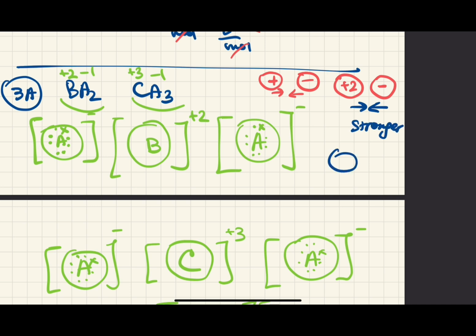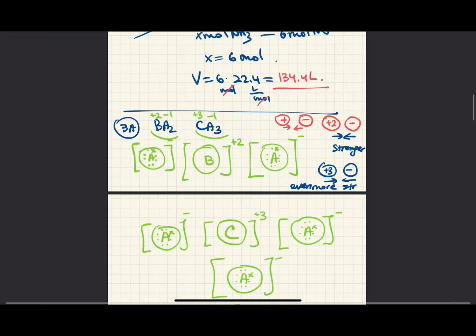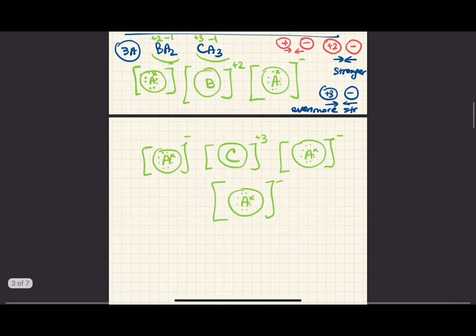And when you have +3 and then -1, they will be even stronger. Okay, so the bigger the charge, the stronger the bonding will be. This is the ionic bond in here.